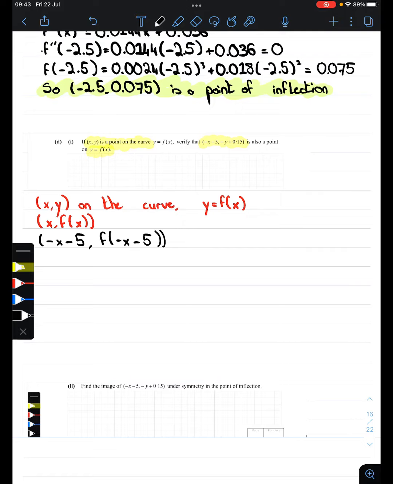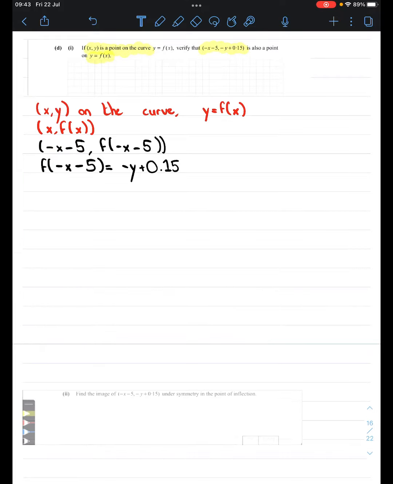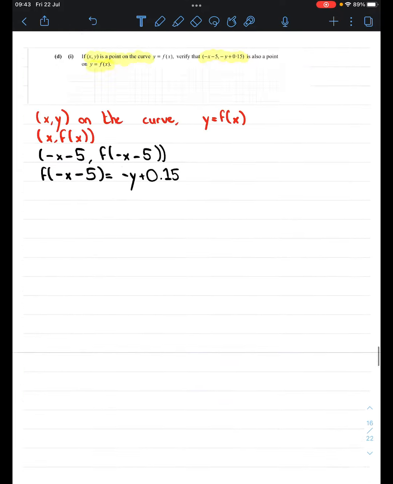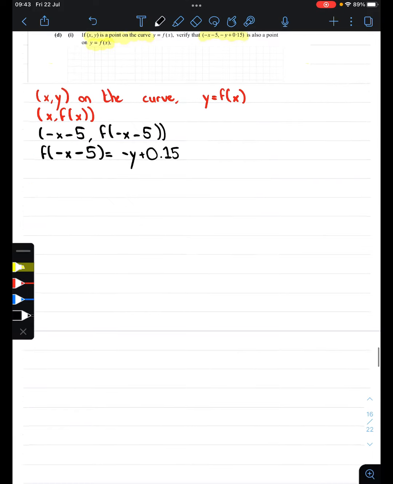So what we're trying to see is, does f(-x-5) equal -y+0.15? Alright, so let's just give ourselves some room.